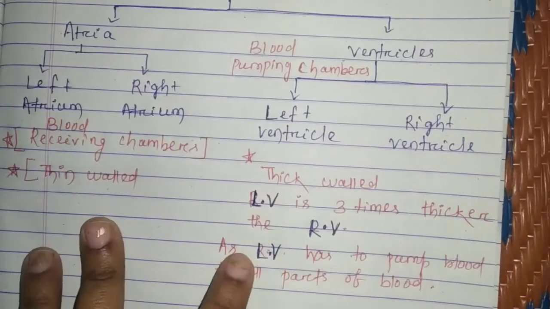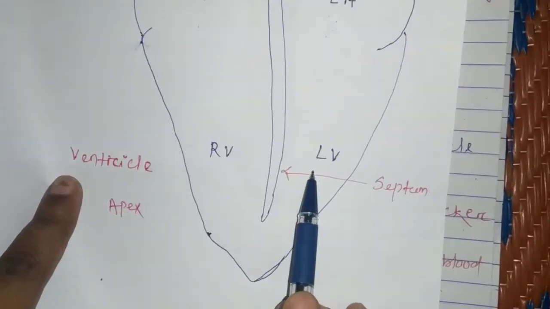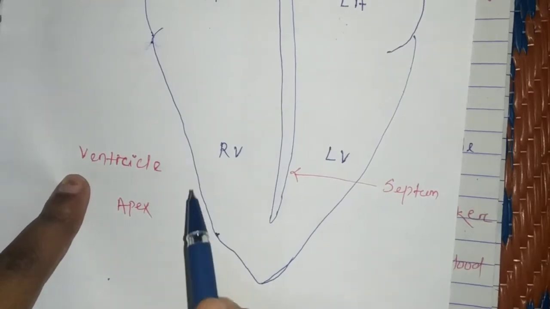The left ventricle has a much thicker wall than the right one.